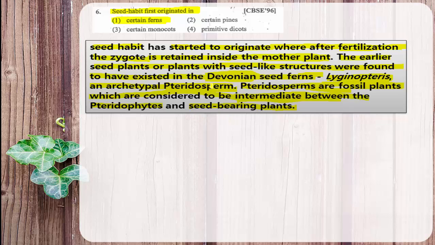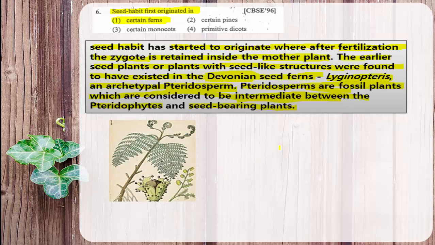Which are the seed bearing plants? Gymnosperms and angiosperms completely produce seeds. For the first time the completely developed seed appeared in the gymnosperms, but the seed habit originated in the pteridosperms, the intermediate link between pteridophytes and seed bearing plants.